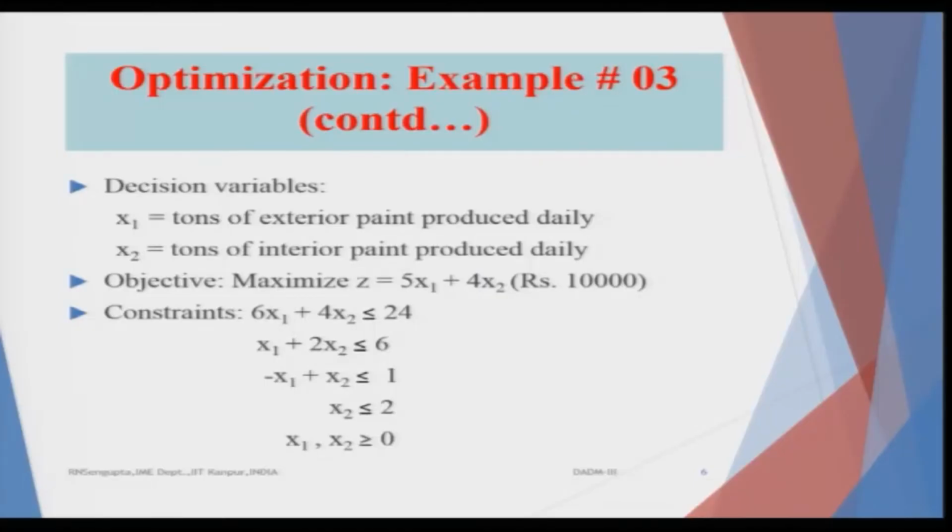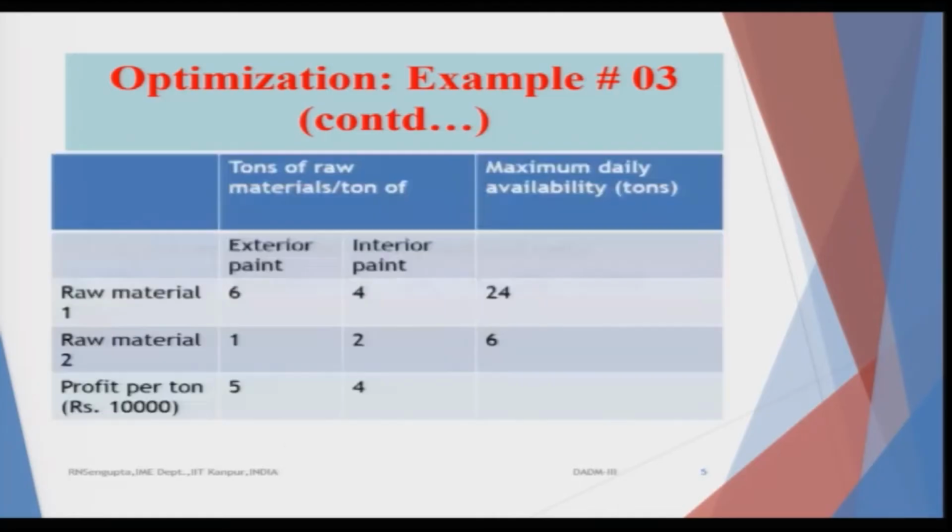Now, coming back to the formulation we need for the constraints. Watch here very carefully. Let me go back to the last slide, as this will give a good picture.